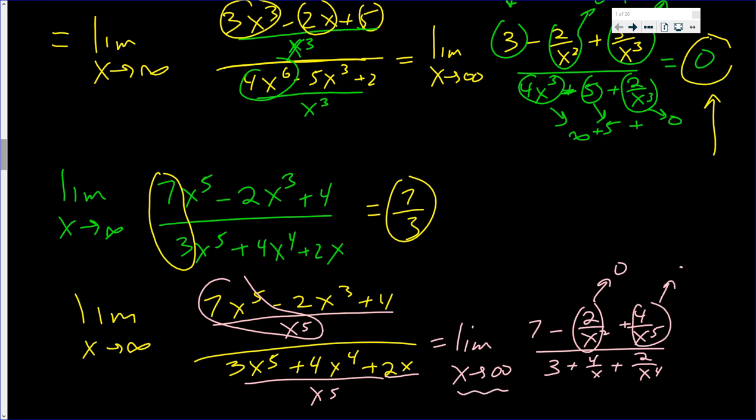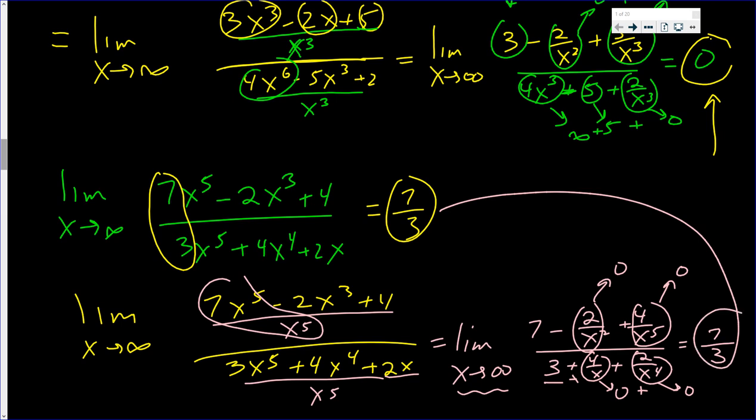This goes to 0. 7 minus 0 plus 0 is 7 for the top. This goes to 0. This goes to 0. 3 plus 0 plus 0 is 3. And yep, we got the answer we wanted. So we know we didn't make a mistake.